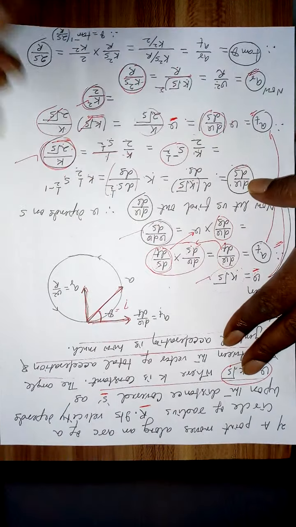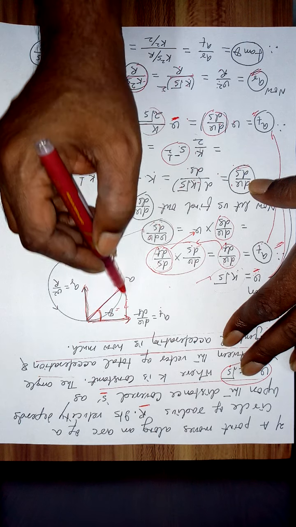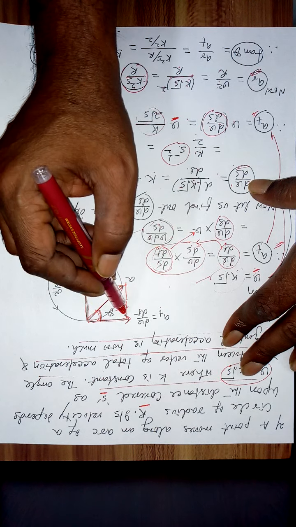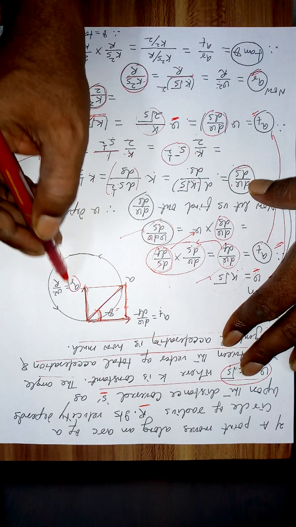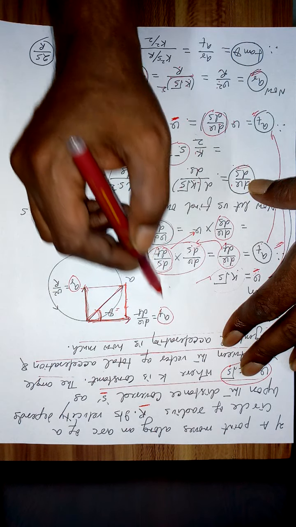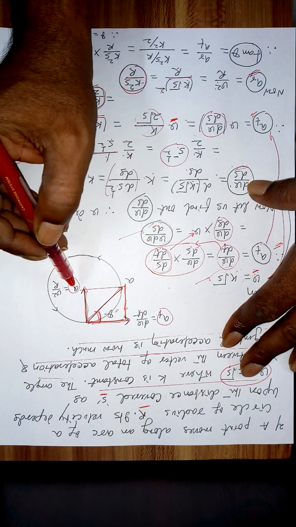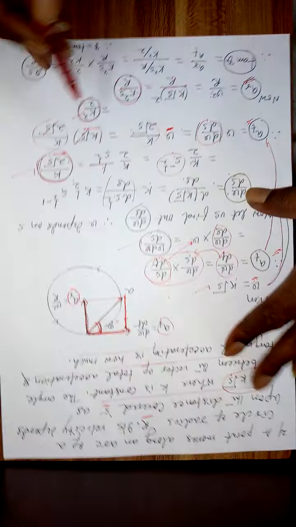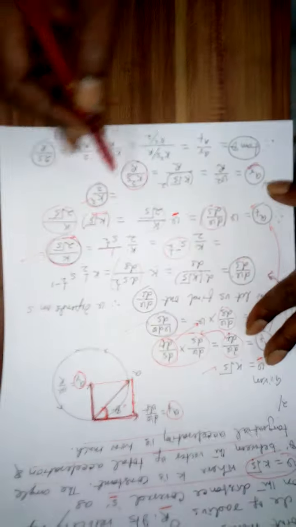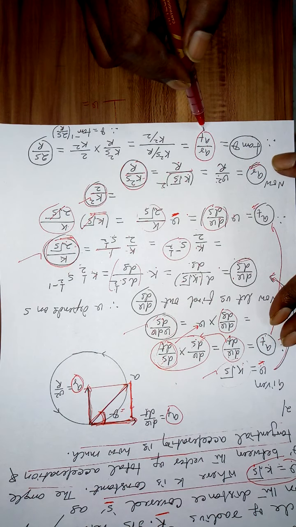And tan of this angle will be this divided by this. This is your radial acceleration, and this is your tangential acceleration. So tan theta is equal to a_r over a_t.